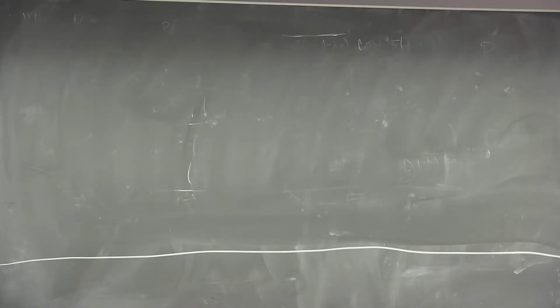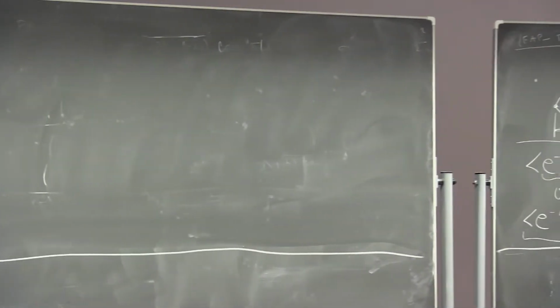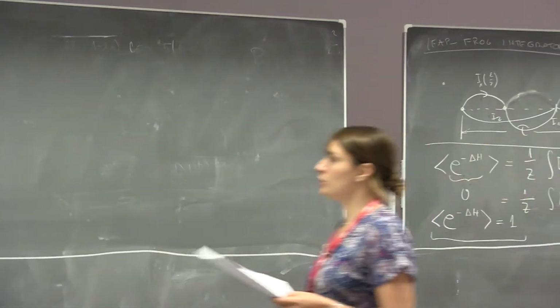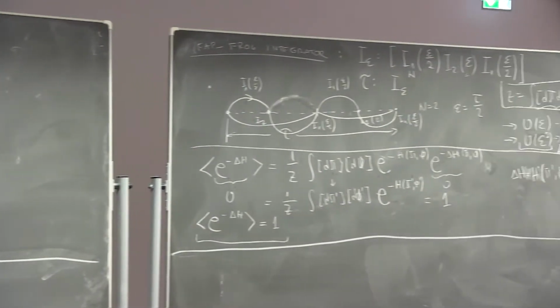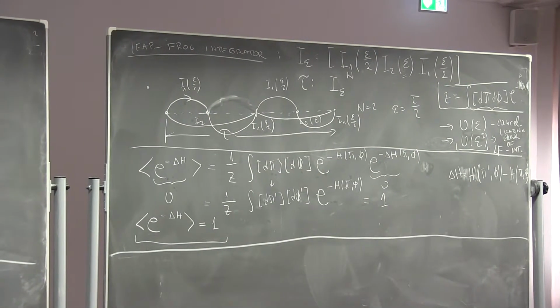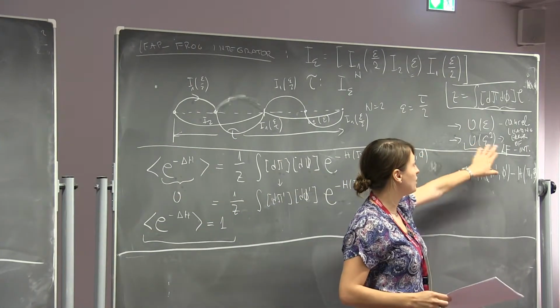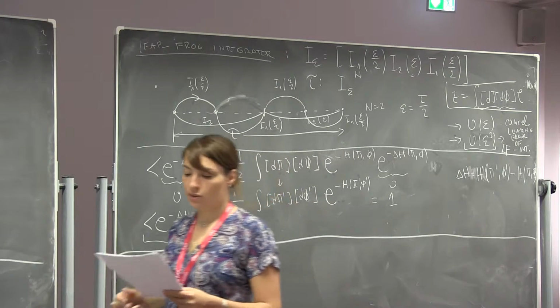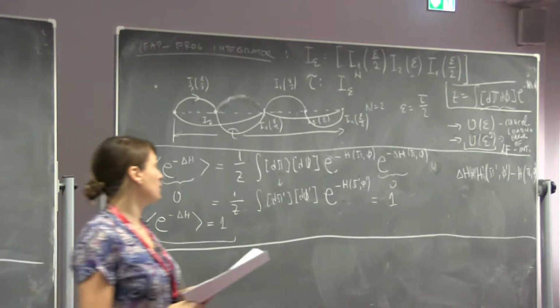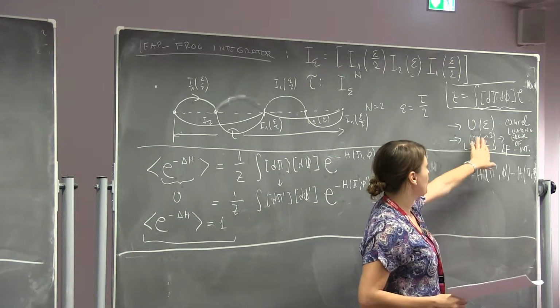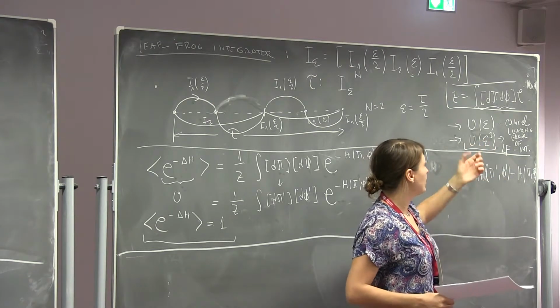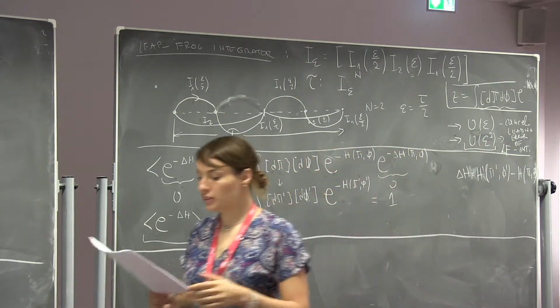So the error, for the simplest integrator, as long as it's time reversal, is proportional to epsilon squared. Then there are some more advanced integrators which would reduce the prefactor in front of this order epsilon squared. All of the integrators which have order epsilon squared go under the name of the second order integrators.